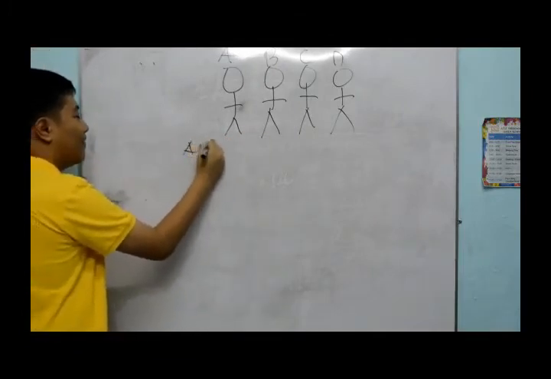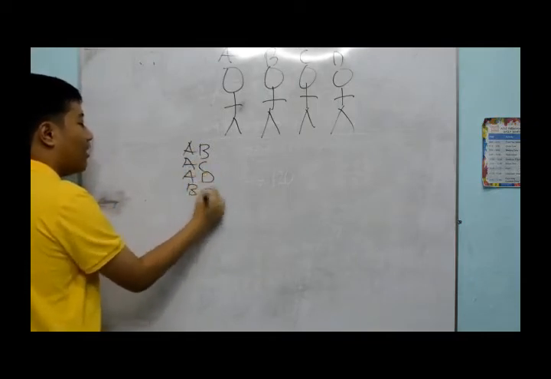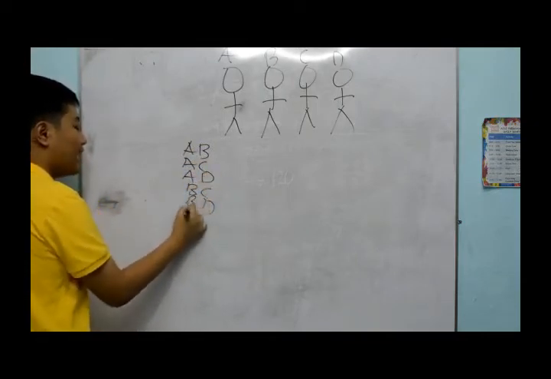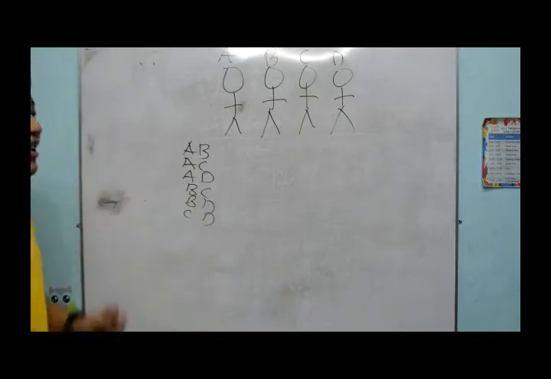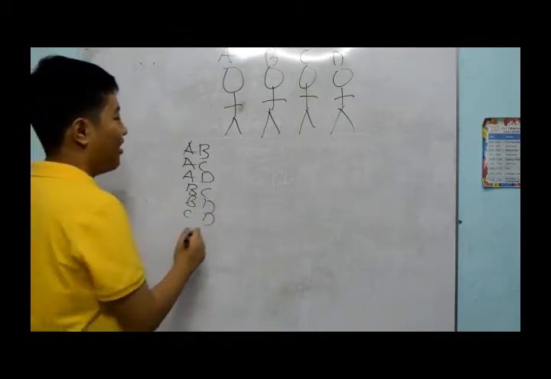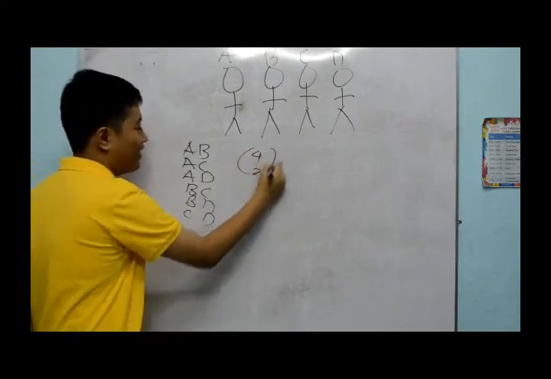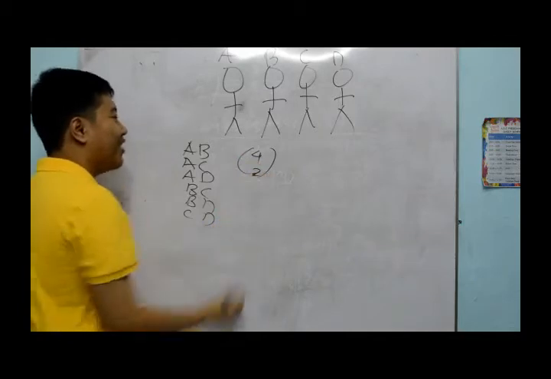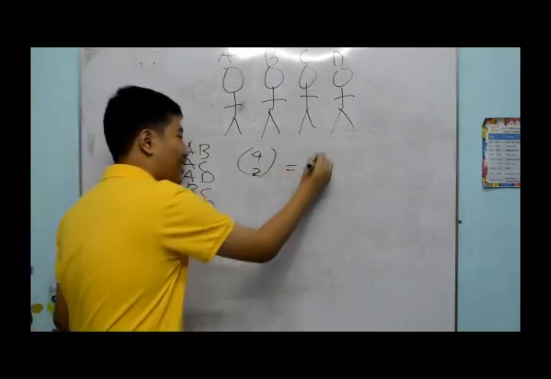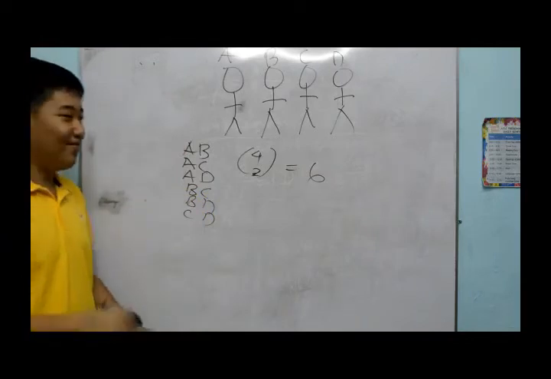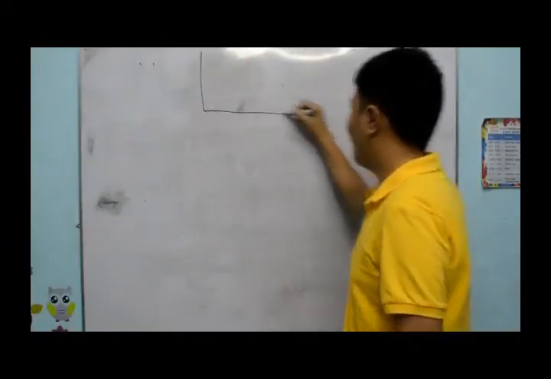That's AB, AC, AD, BC, BD, CD. That's 6 ways. But there is another way to do this. There are 4 people, right? You have to choose 2, right? 4 choose 2. Now we've already evaluated 4 choose 2, and this is equal to 6. Magic.